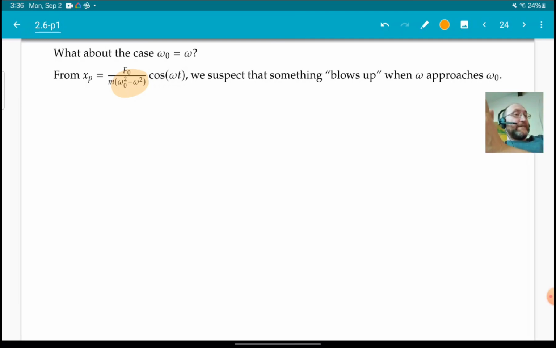We can't divide by 0. But what we're suspecting is that if omega and omega naught are not quite the same, but very, very close, then we're dividing by something very small, which means that this amplitude is very big.